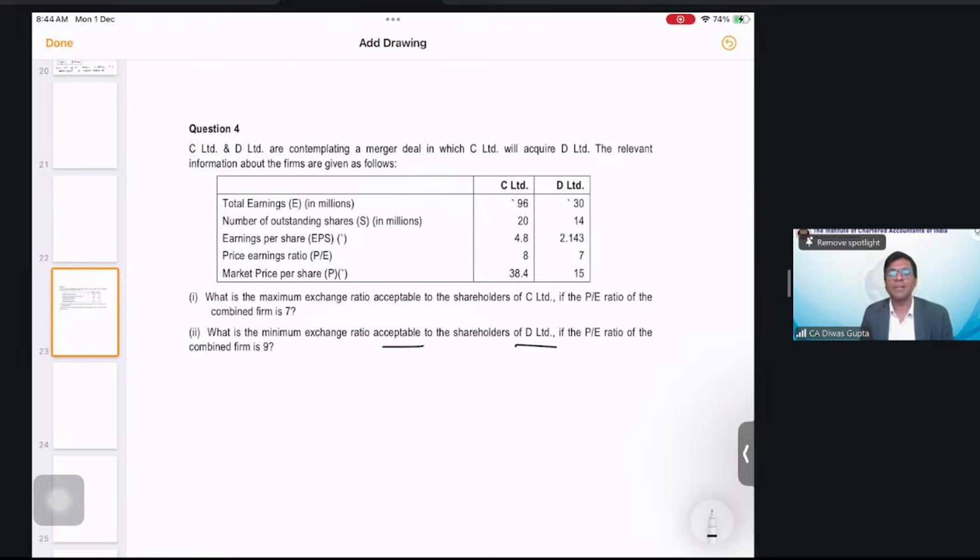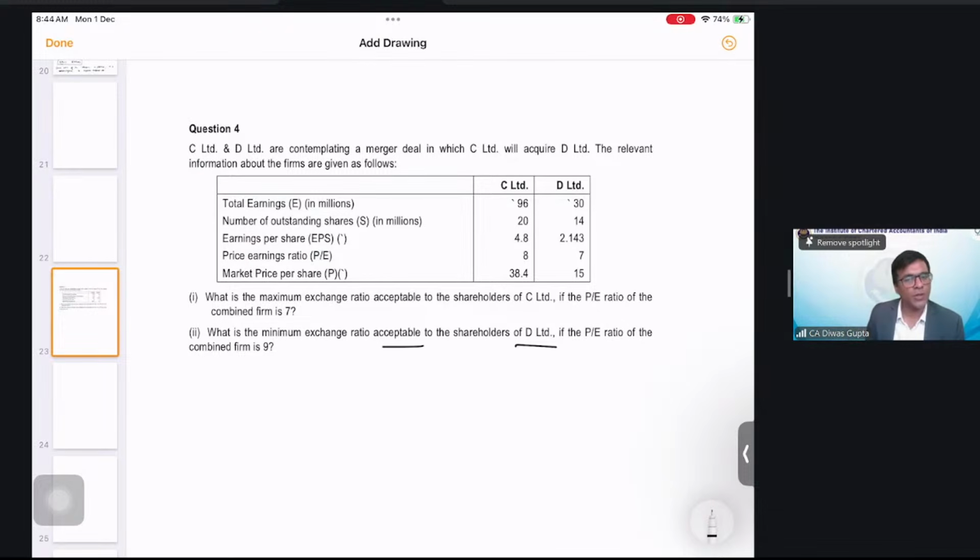So students, it's a simple phenomenon that whosoever is purchasing will say that this is the maximum we can give you, not beyond that. And whosoever is selling their business will expect that this is the minimum that we should get in terms of the exchange ratio, the swap ratio.